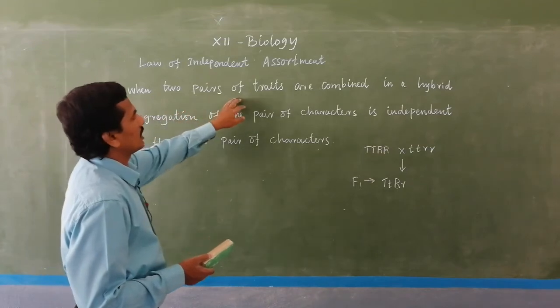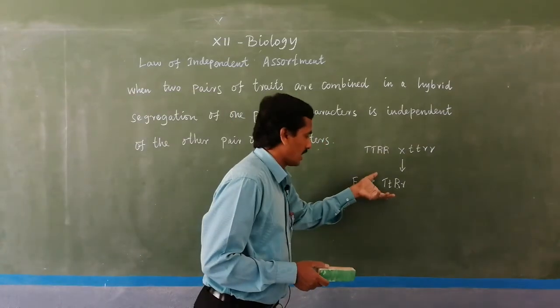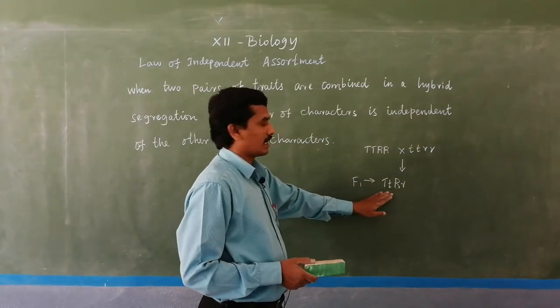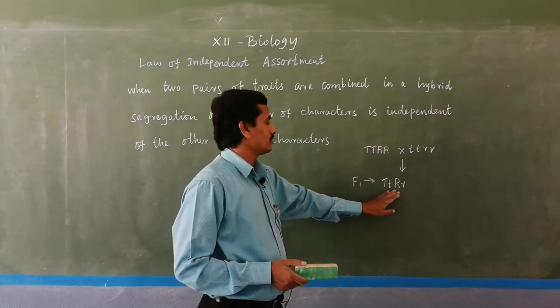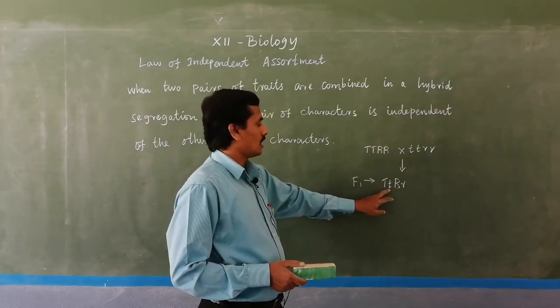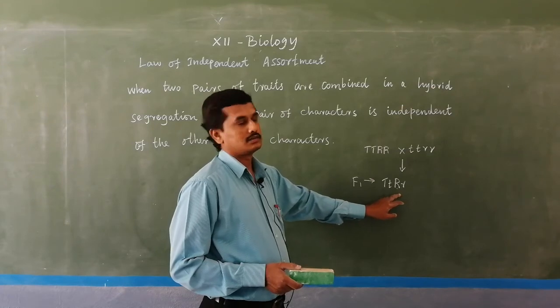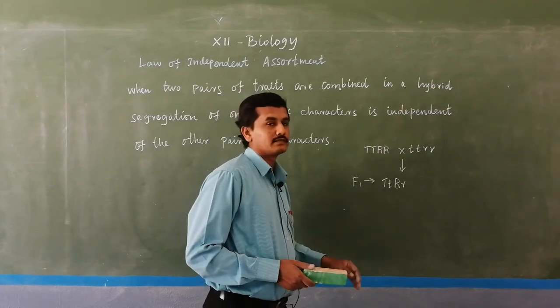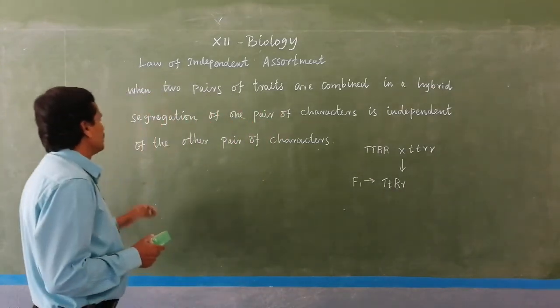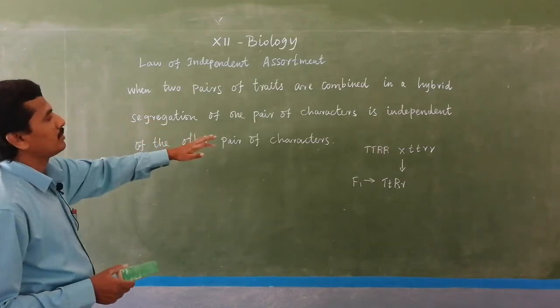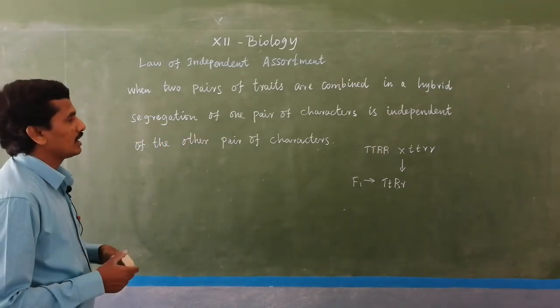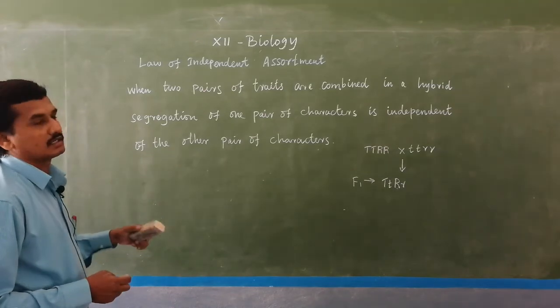When two pairs of traits are combined in a hybrid, because tall and round, the two characters are combined in a hybrid, segregation of one pair of characters is independent of the other pair.